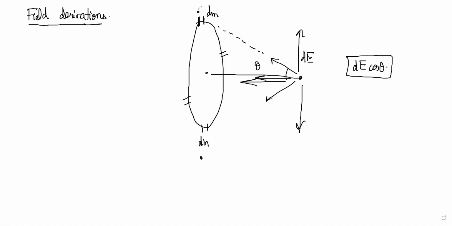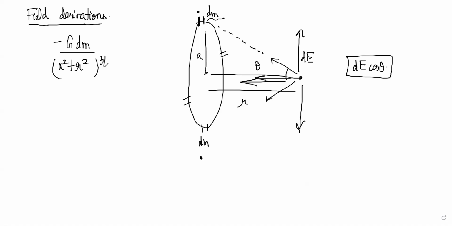The dE due to this dm is minus G dm by the distance square. So if this was a and this was r, it is a square plus r square. This is the dE. Cos theta is actually r by root over a square plus r square. So it becomes a square plus r square to the power 3 by 2 and r, for cos theta.